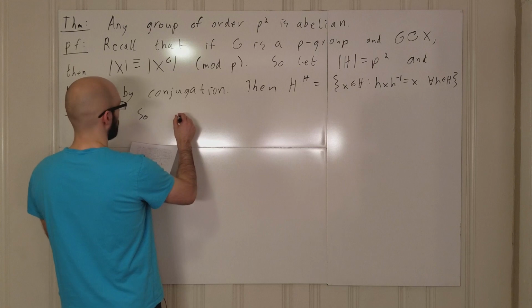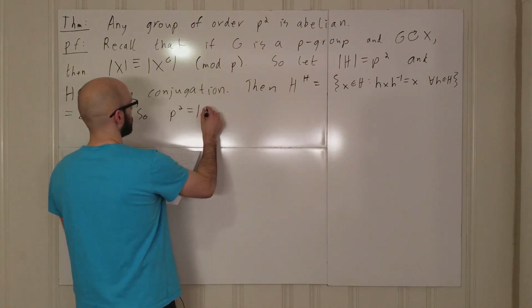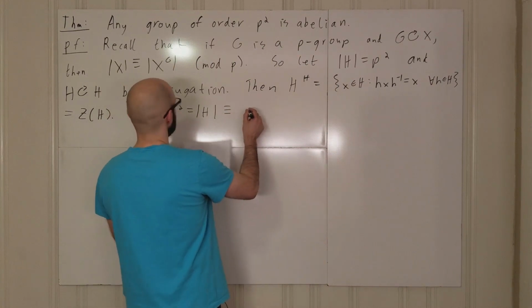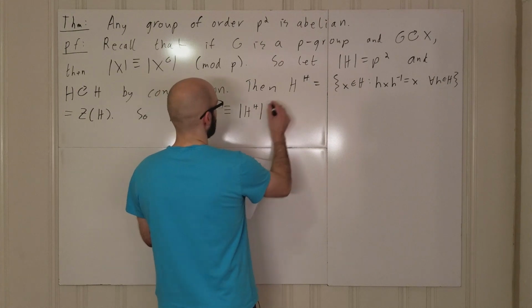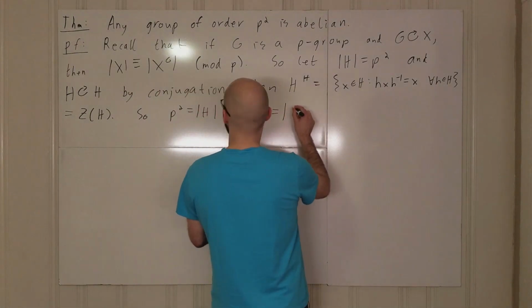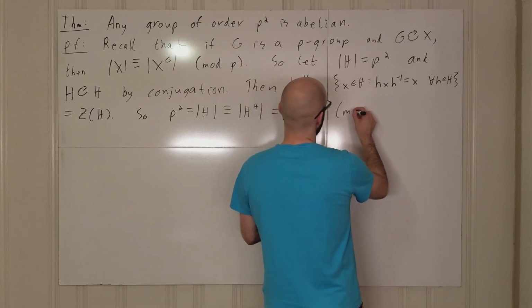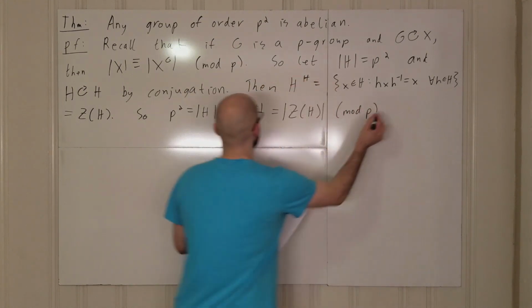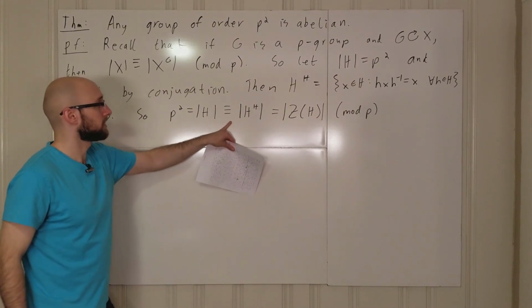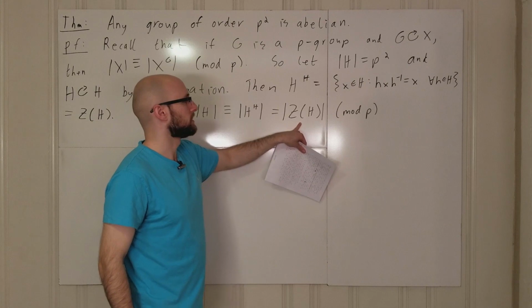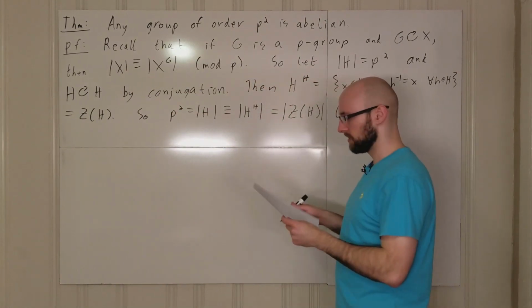So then, p squared, remember, this is the order of H. But then this is equivalent to the size of the fixed set, which is equal to the size of Z, the center of H, and this is all mod p, i.e. this congruence here is mod p. So p squared is congruent to the size of the center of H, mod p.